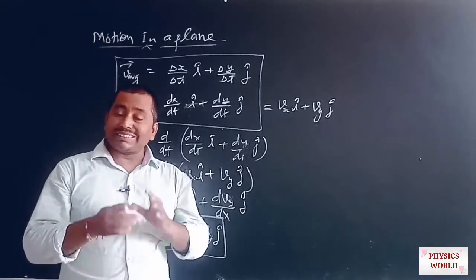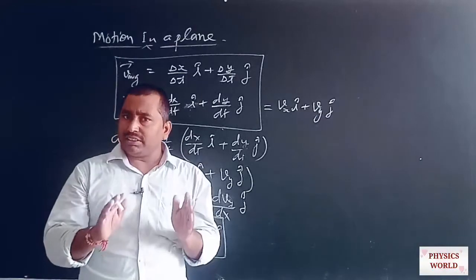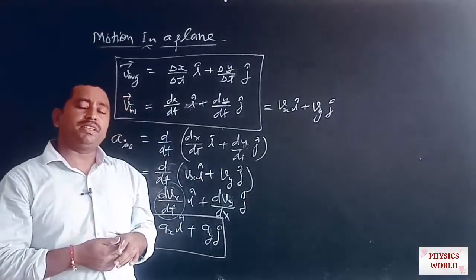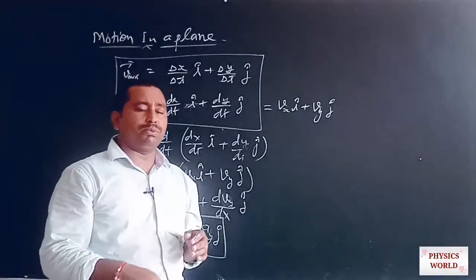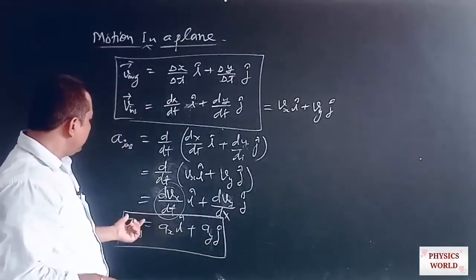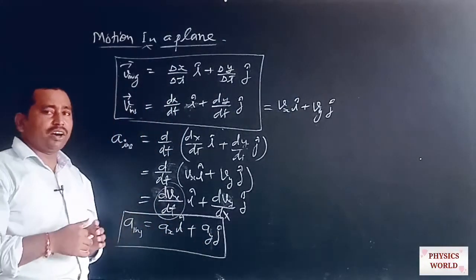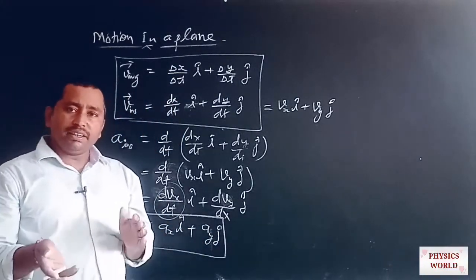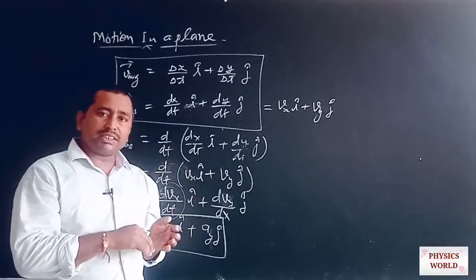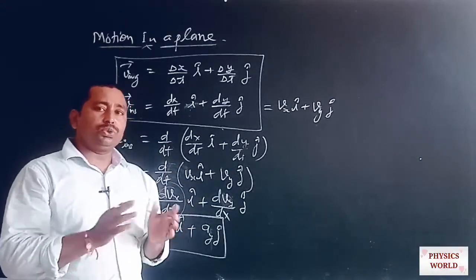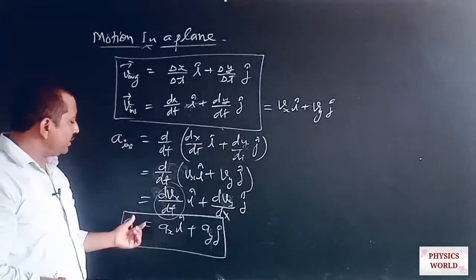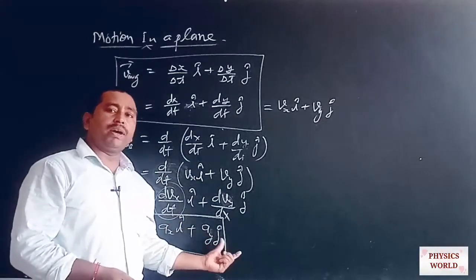But if acceleration acting on an object is constant, it means the object is moving with uniform acceleration, then the acceleration acting on the object is always constant, and it is further divided in two different directions, along the x-axis and also along the y-axis.